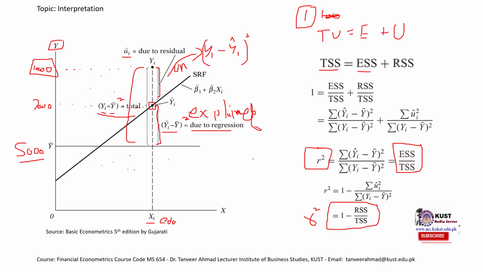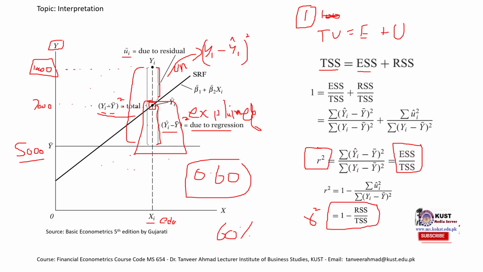So what this r square tells us is the explained part of the variation. What part of the total variation is explained by the variables that we have included in our model. So just in case we get the r square value of 0.60, that would mean that 60% of the total variation, this part, would be explained.